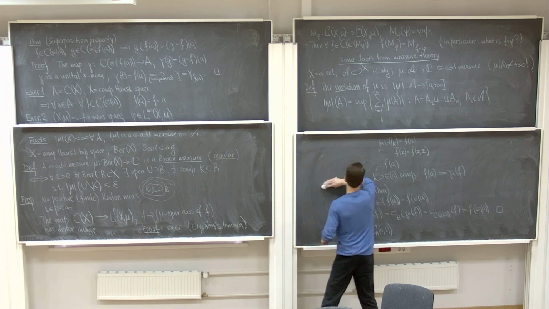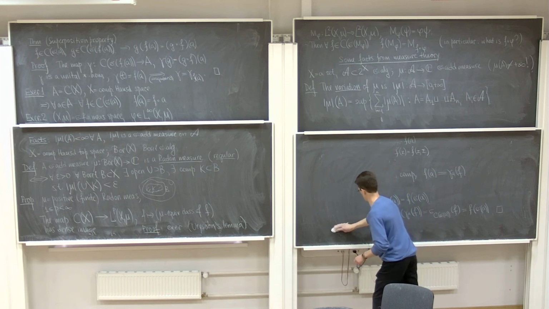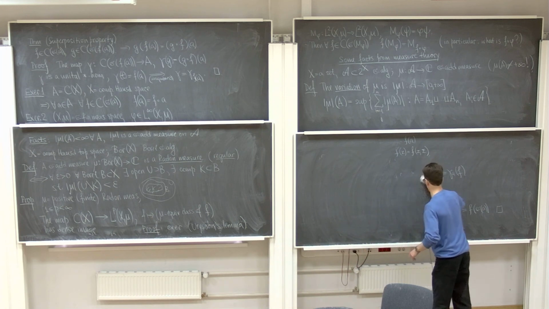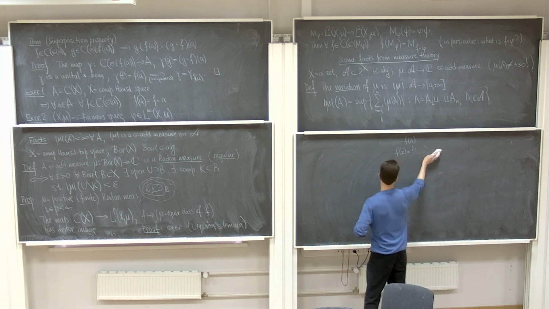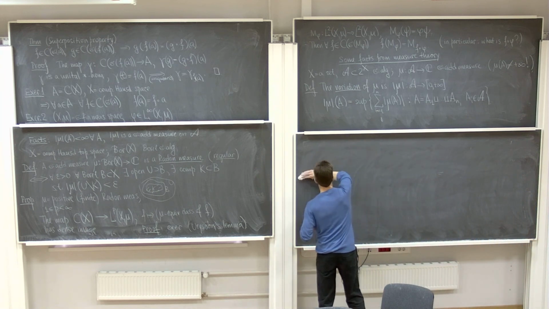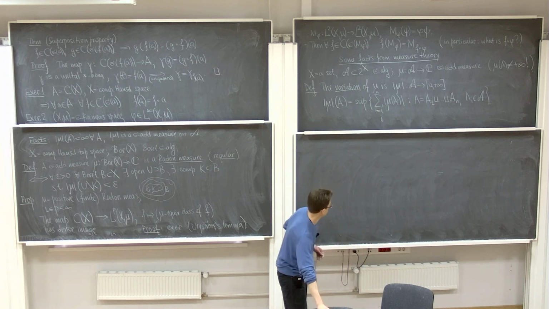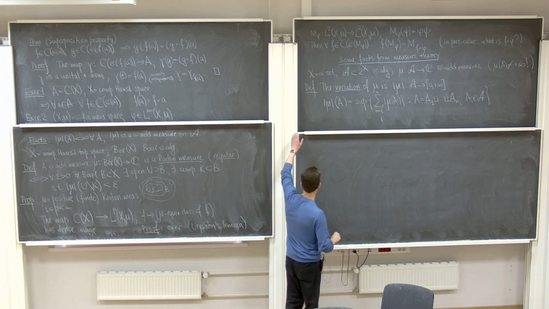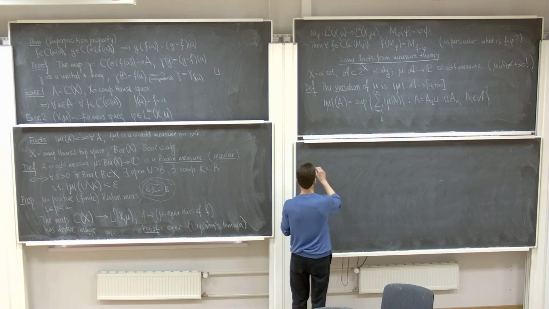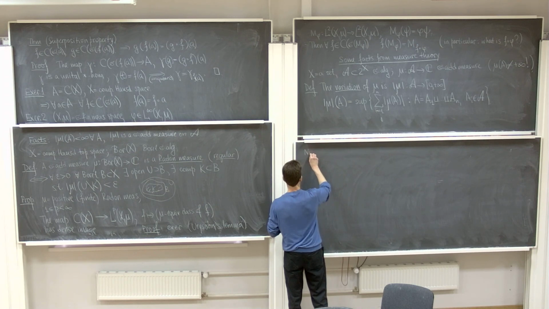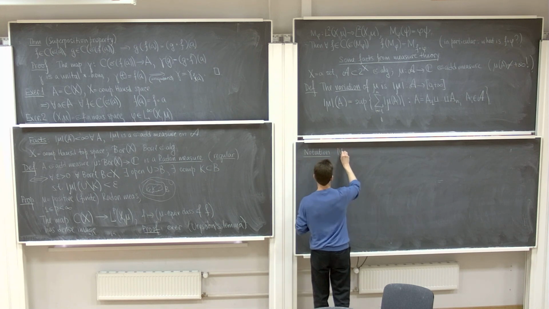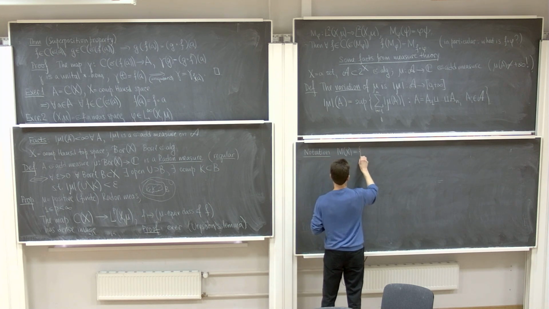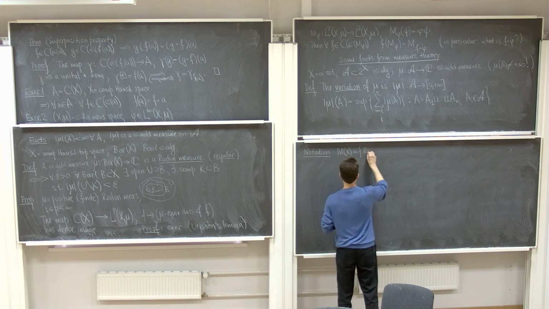And in conclusion, I formulate a classical result, which will be essential in our approach to the spectral theorem. So the set of all complex Radon measures on X will be denoted by M of X. This is a standard notation.